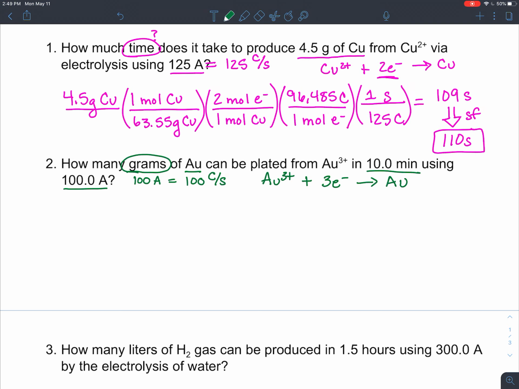Okay, so let's go ahead and plug in our values. We're going to start with 10 minutes. Now, because we have coulombs per second, we want to get that into seconds. So for every 1 minute, of course, there are 60 seconds.